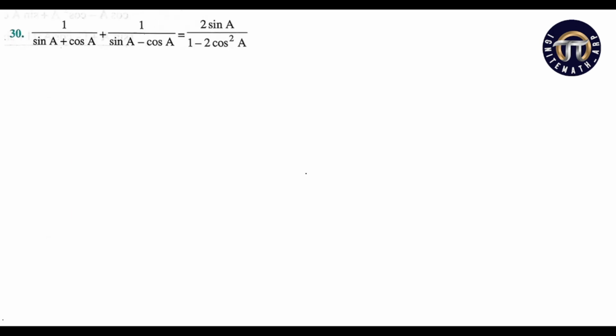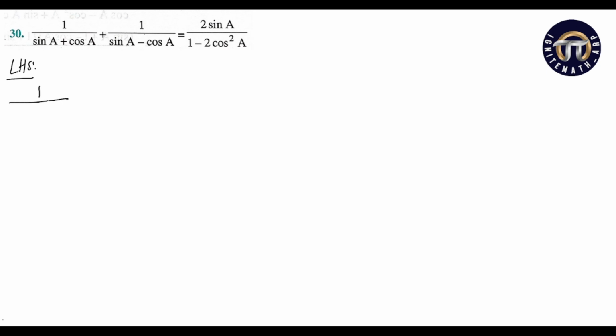Next question says that 1 by sin A plus cos A plus 1 by sin A minus cos A. I'm supposed to prove it is equal to 2 sin A by 1 minus 2 cos square A. So now I will take the LHS. Pay attention.